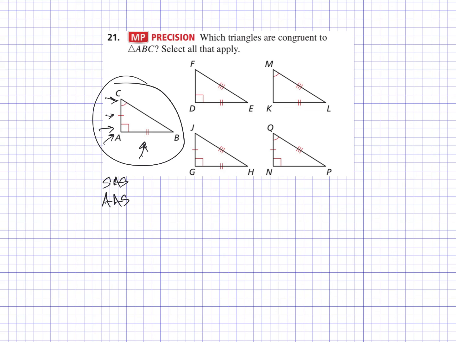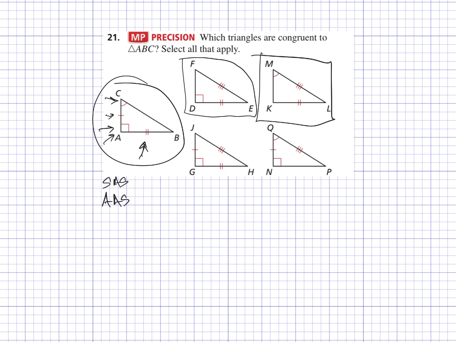Okay, so in FDE, you have hypotenuse leg, but that doesn't match what we have for ABC. Okay, and then on MKL, you have angle side side, which you can't use. That's not going to work.